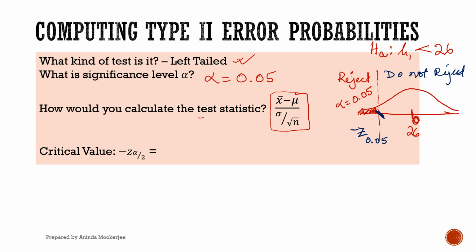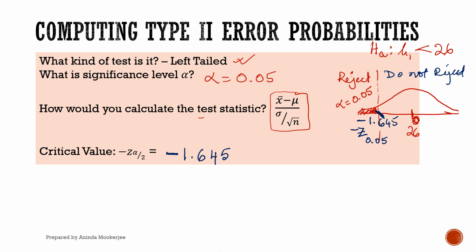And if you look up your table or find it from your calculators, you will get a value of negative 1.645. We have to note that value because we will be using it when we will be computing the beta value. So we have to note the critical value. If it's a left tail test, it's going to be a negative 1.645.